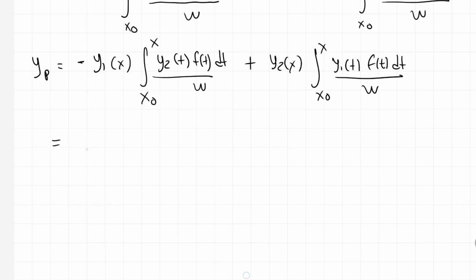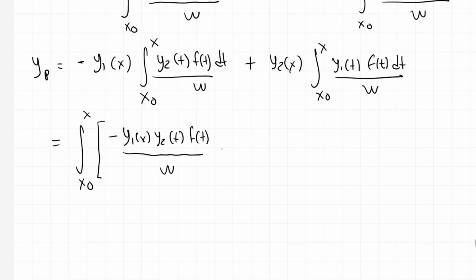This is equal to the integral from x0 to x of negative y1 of x y2 of t f of t over w plus y2 of x y1 of t f of t over w, and then we close the brackets and dt.